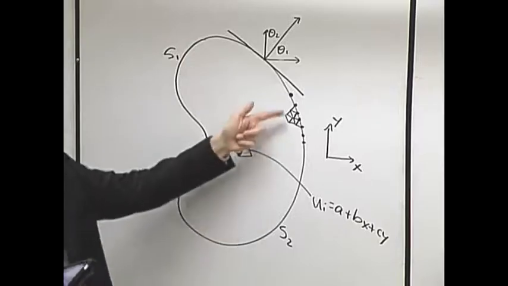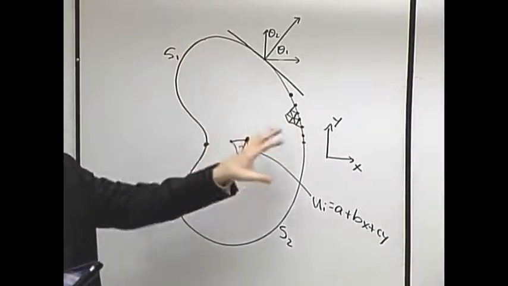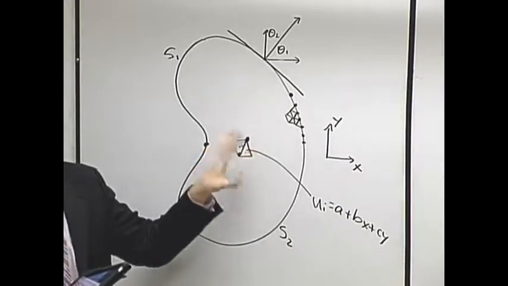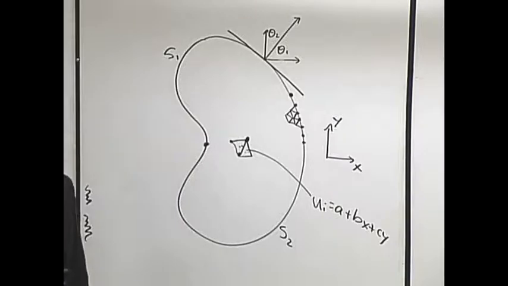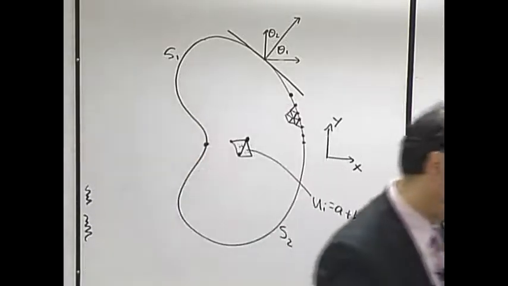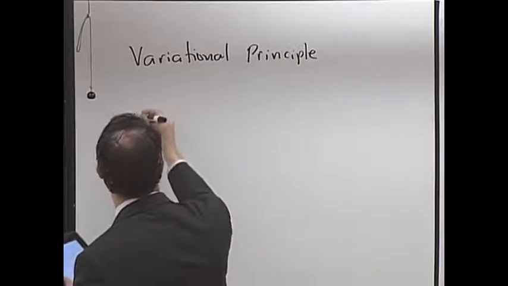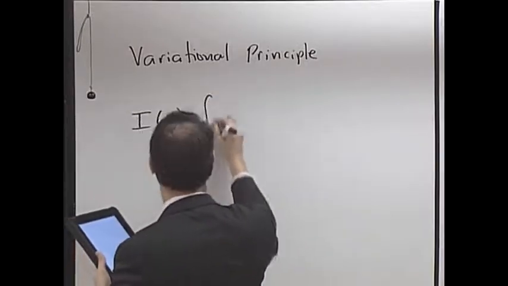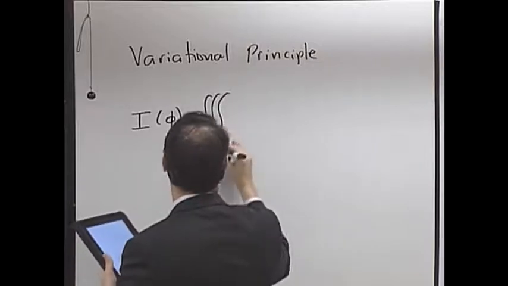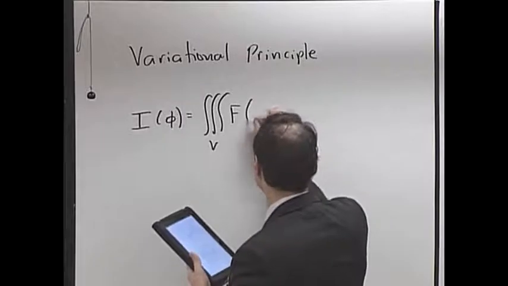And notice, by the way, these points on the boundaries have to satisfy the boundaries. These points in the interior, not only do they have to talk to each other and make sense with each other, but then they also have to satisfy the PDE. Okay? So we're going to talk about how to do that. So I'm going to rewrite this in what's called the integral formulation. And the variational principle says, look, I'm going to write this in an integral form where I'm going to integrate over the volume that I'm solving on.